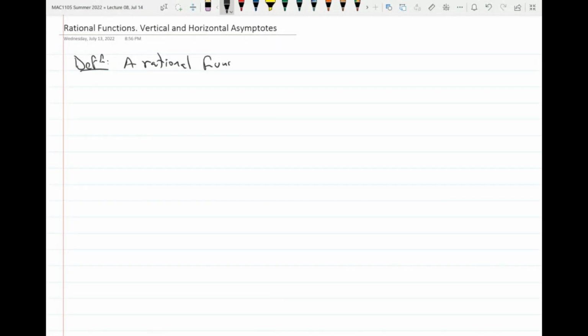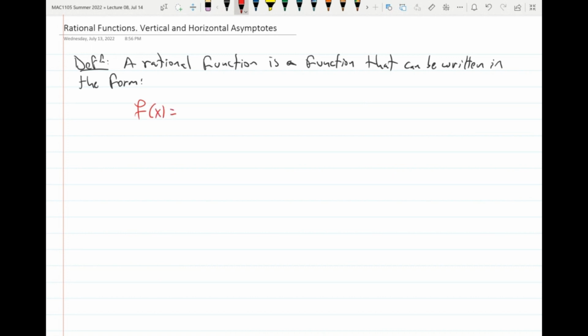A rational function is a function that can be written in the following form: f of x equals p over q, where p and q are polynomials.